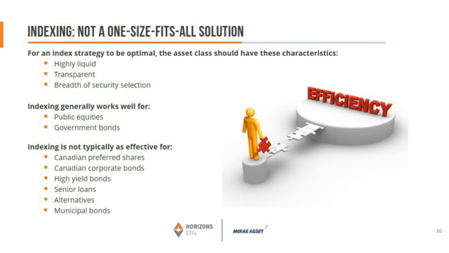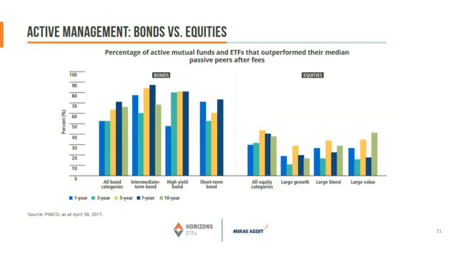When I'm just talking quickly about active ETFs, from a bonds versus equities perspective, again, back to my points about where you have traditionally seen outperformance. This is a report out by PIMCO on the left side of the chart that talks about bonds, in all the different categories over many of the different time horizons of owning mutual funds.